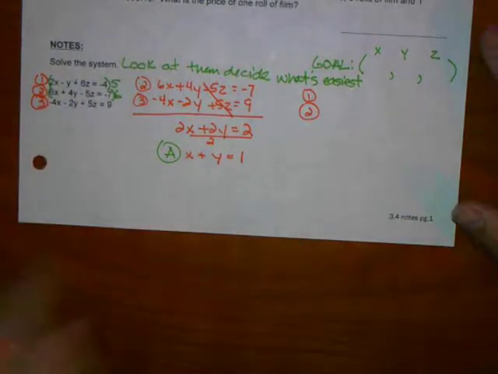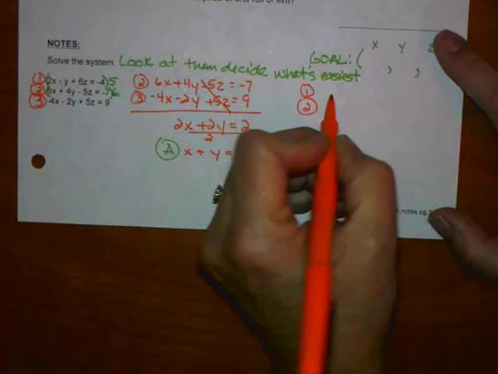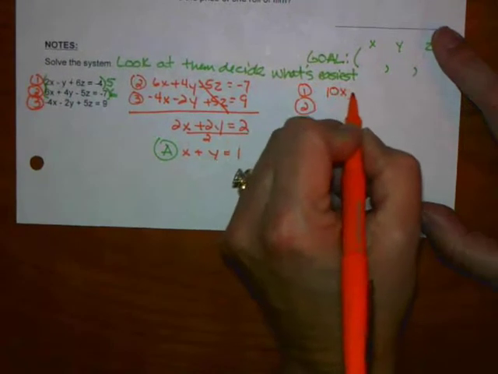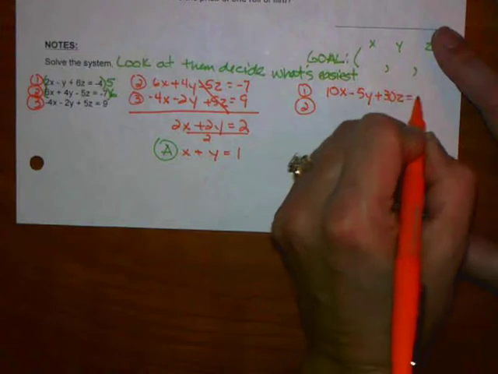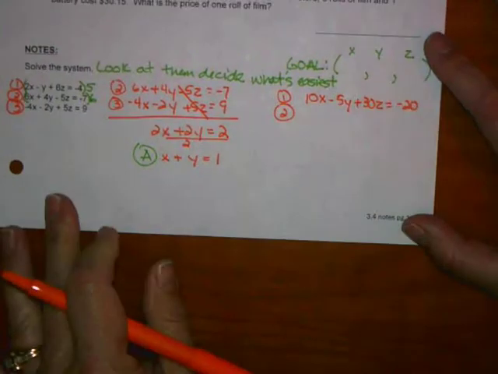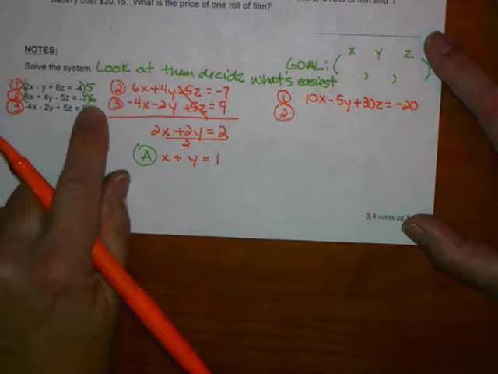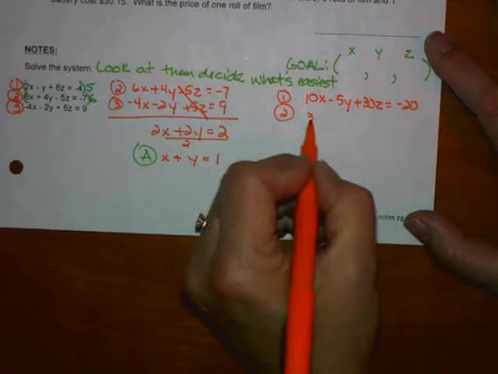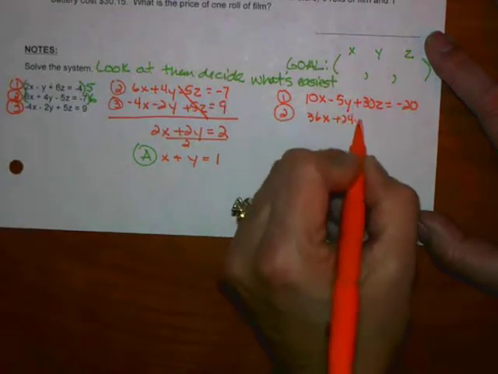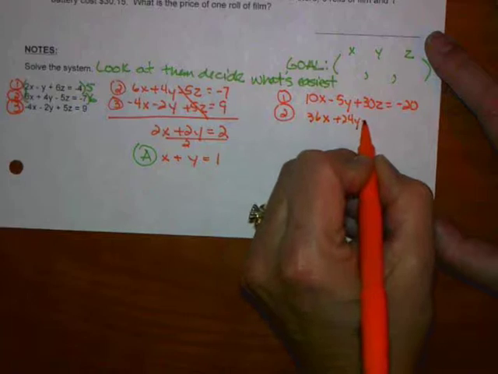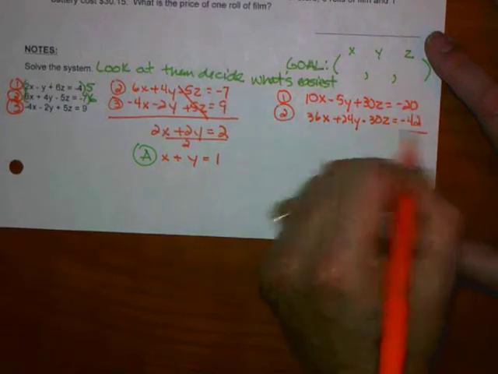So let's rewrite 1 and 2 now. I'm going to multiply 1 through by 5. I get 10x minus 5y plus 30z equals negative 20. Now I'm going to multiply number 2 by 6. 36x plus 24y minus 30z equals negative 42.